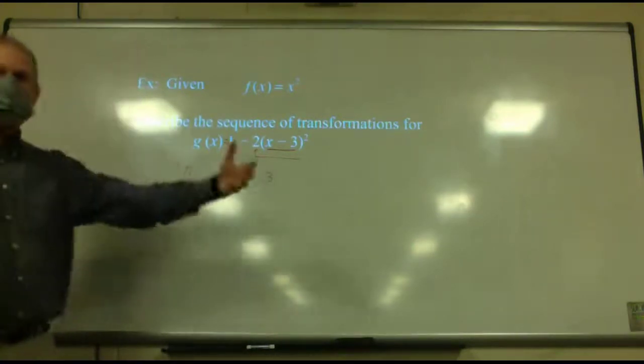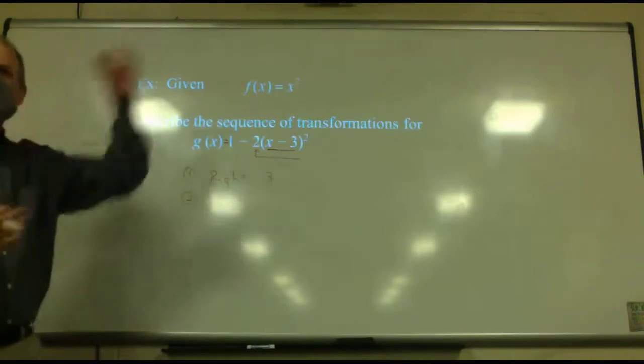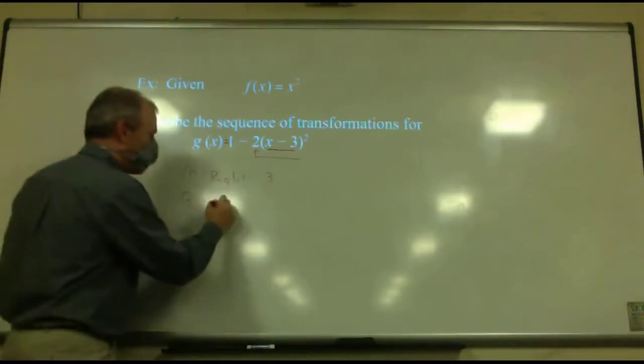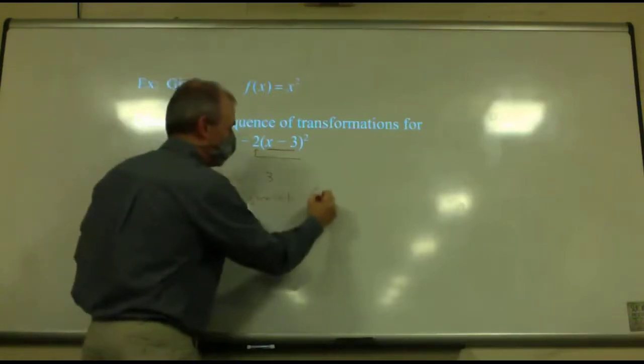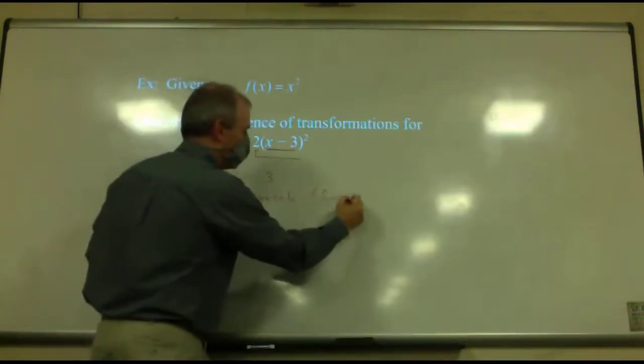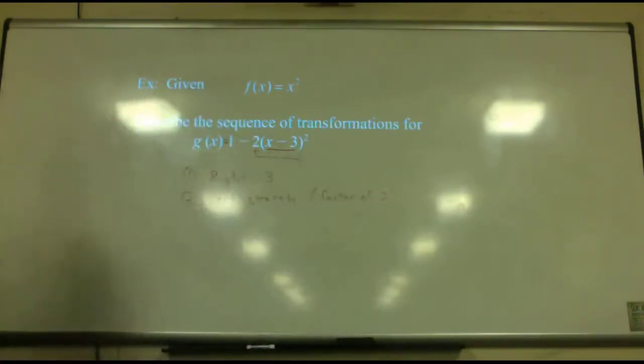What do we think? We've actually only talked about one so far. So yeah, it's up and down. So it's a vertical stretch. And I'm just going to put factor of 2. Okay, because it's a 2, just whatever that number is, that tells you what the factor is.